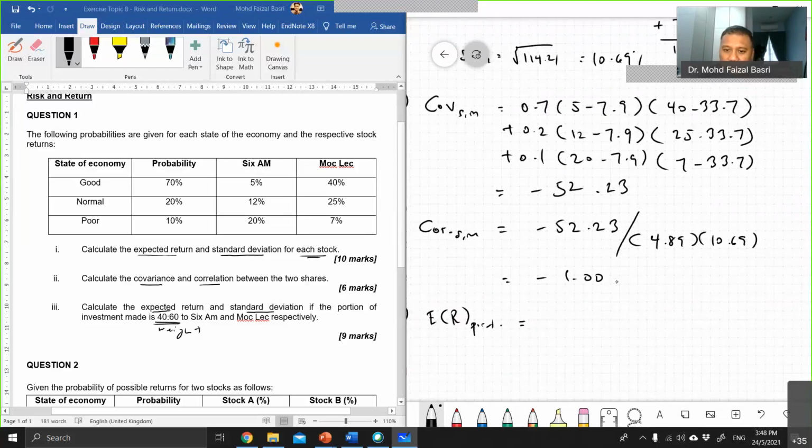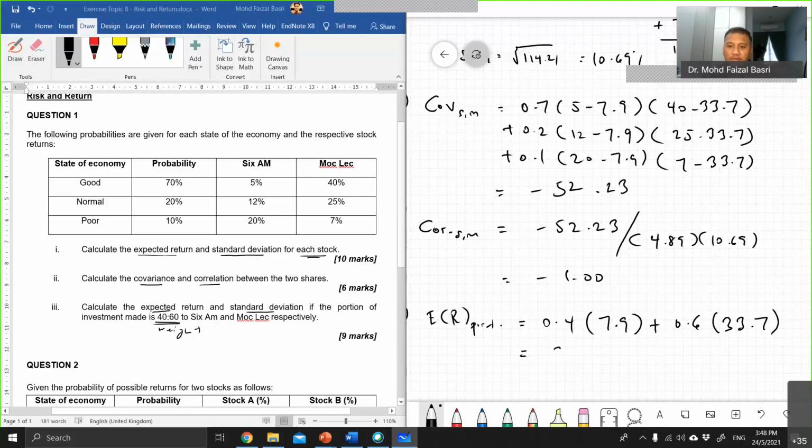So it's 40% times 7.9 plus 60% times 33.7, which gives 33.7%.